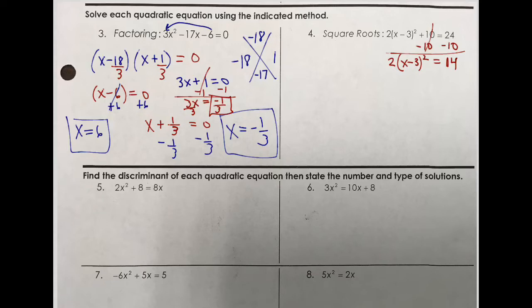All right, so next we want to get this 2 off of there, so we divide that side by 2, divide that side by 2. That cancels, leaving x minus 3 squared is equal to 7.